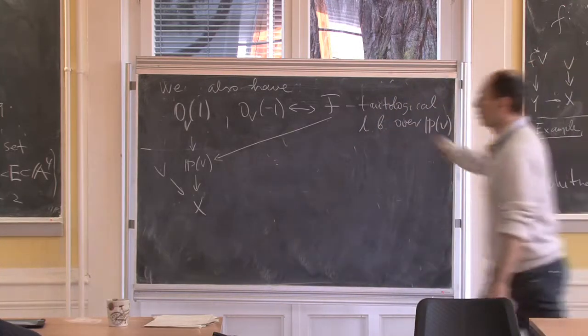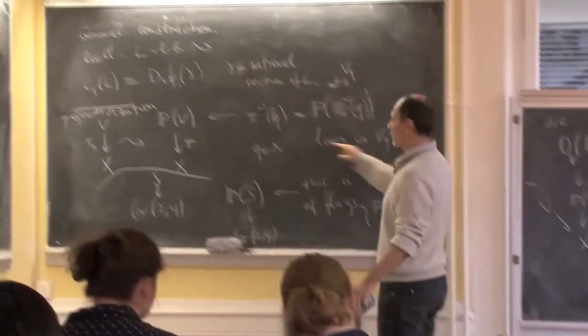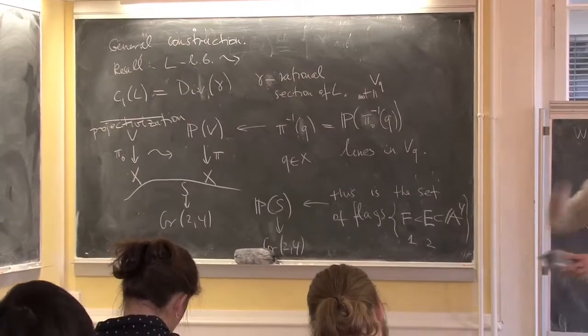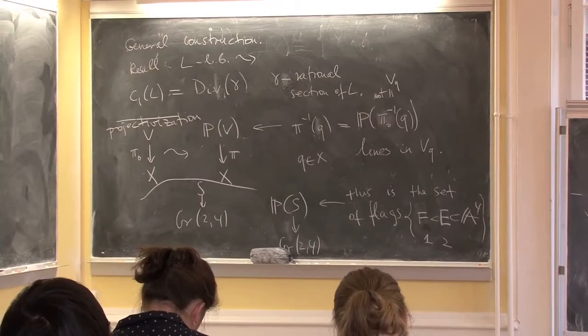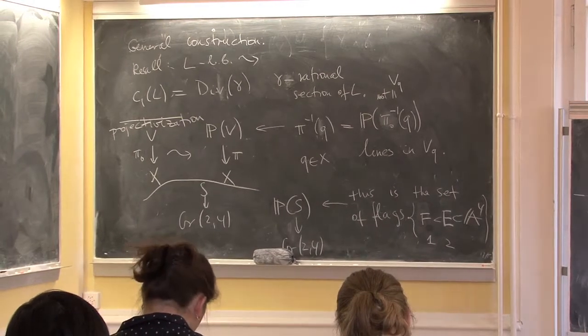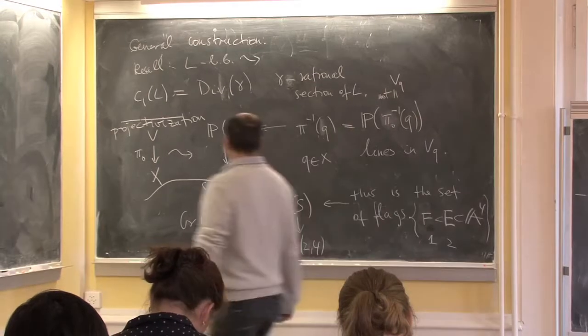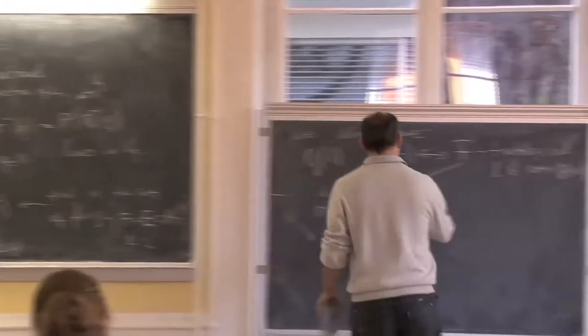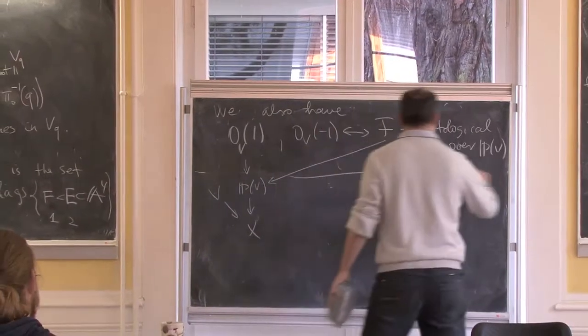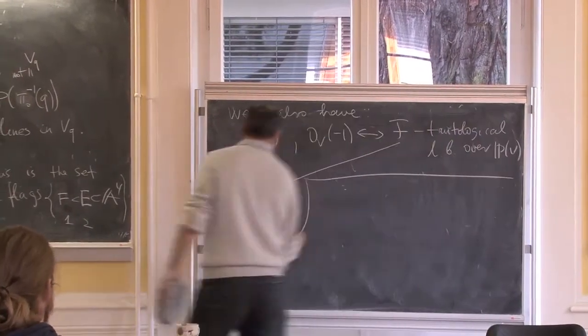Since you remember, the PV is a set of lines, and for each point I take the corresponding line, just like the tautological line bundle was there before. Okay. So this is our construction, and this is actually, calculation-wise, not completely trivial, but we'll see how this works.